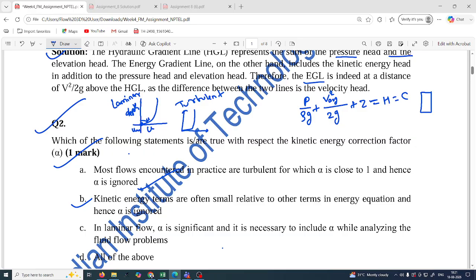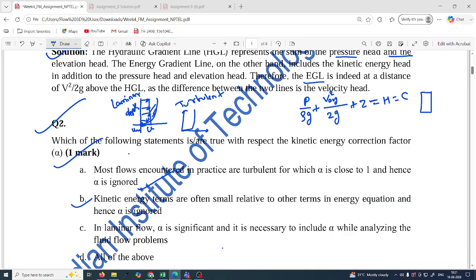When you average this graph, you need some correction, because your graph is like that but you are giving a constant value everywhere. Averaging means you are providing a constant value throughout the depth of the flow. But in turbulent flow, more or less throughout the depth the velocity is constant. So that's why it is written that most flows encountered in practice are turbulent.